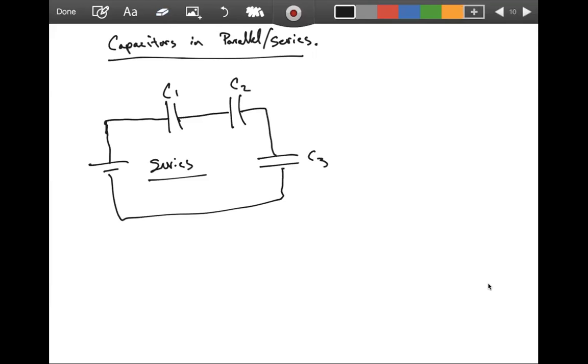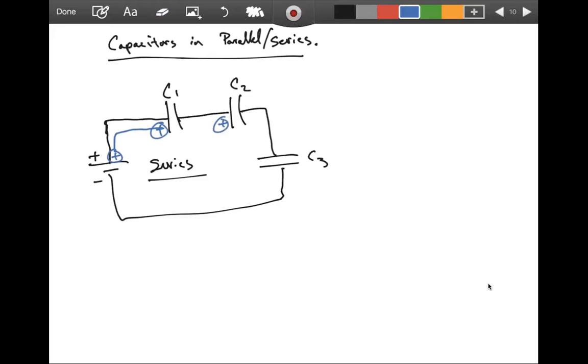Now, this is called series because the current, or the charge, if you want to think about charge, which comes out from the battery here, basically only has one choice and one possible direction to go. So it can go from here on to here, depositing a charge onto here. Well, that will then kick off a positive charge from the other plate, pushing that same positive charge onto here.